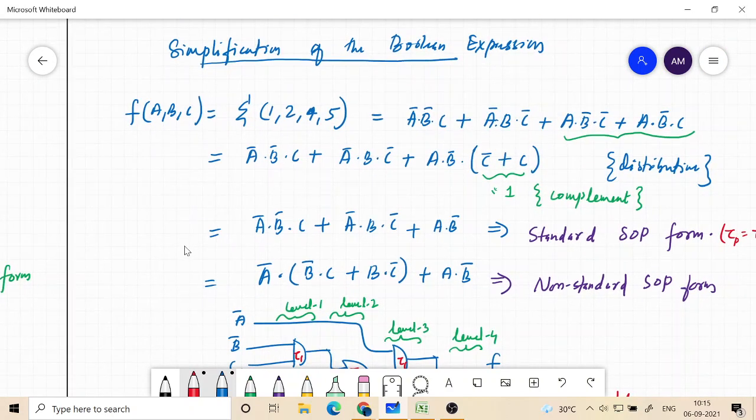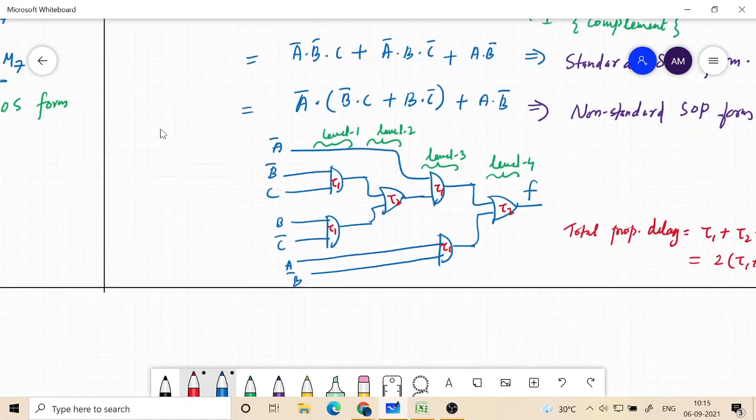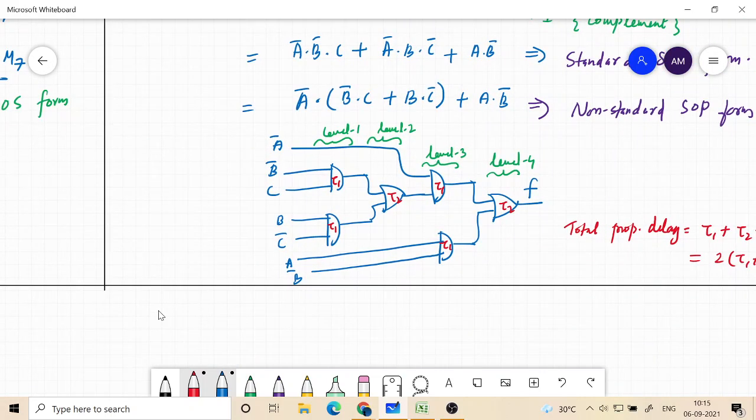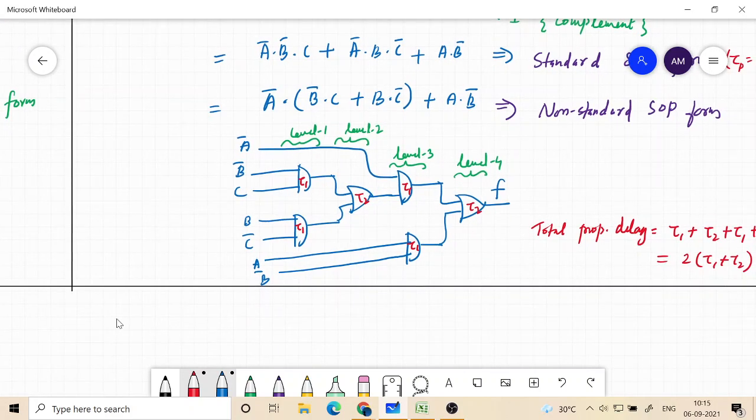Now, one more thing. Here we talked about going from canonical to standard SOP form. In canonical form we had all the literals present, then we simplified it by using the results of Boolean algebra. We can do more examples like this; in the book that I have given, there are more examples for simplifying Boolean expressions.